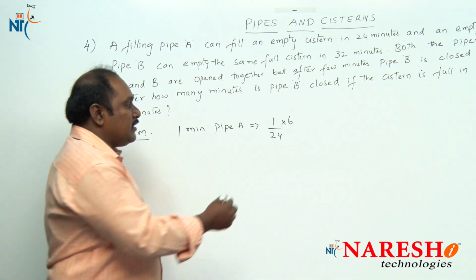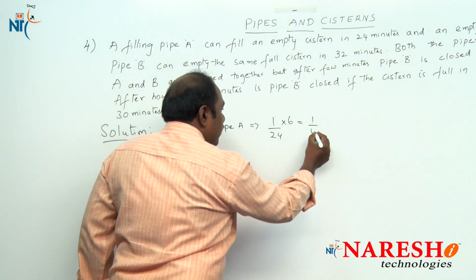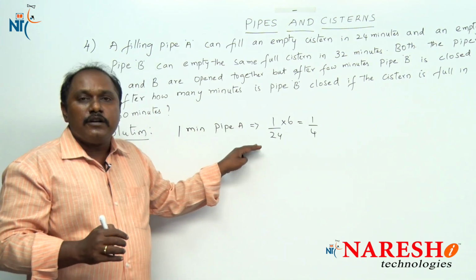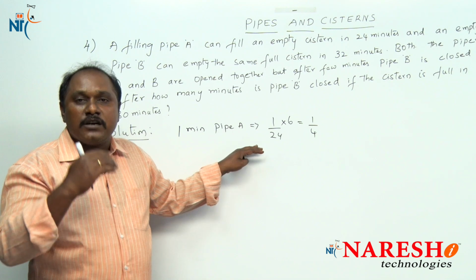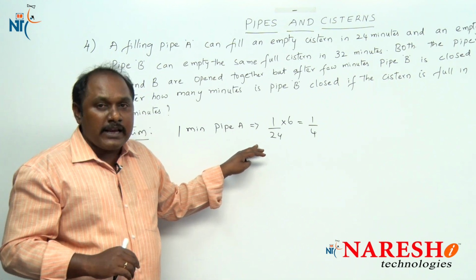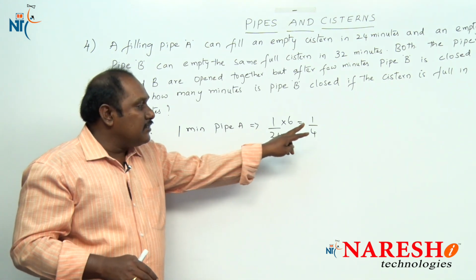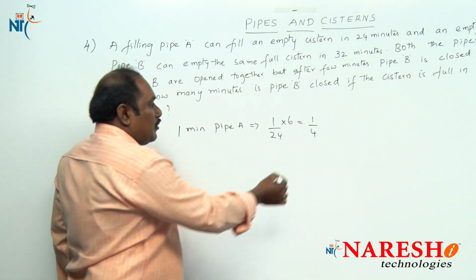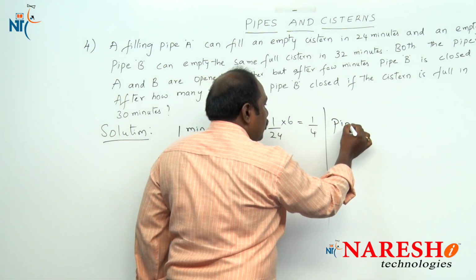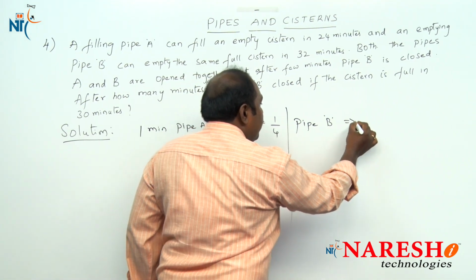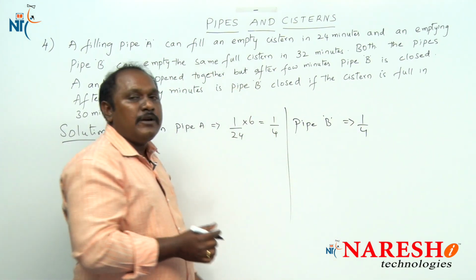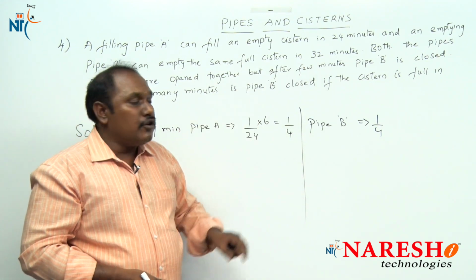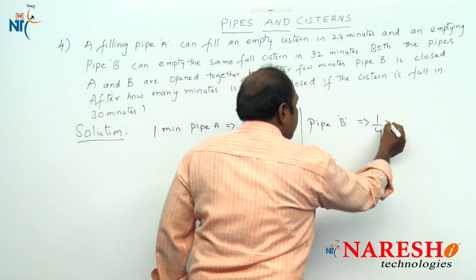So in that 6 minutes, definitely it will be filling 1/4 of the cistern. That means pipe A has done 1/4 work extra. Now why did it do 1/4 work extra? Definitely because this 1/4 tank is emptied by pipe B. So pipe B, to empty 1/4 of the tank, how many minutes will it take? To empty one tank, it took 32 minutes, so to empty 1/4 of the tank, it should take 8 minutes.